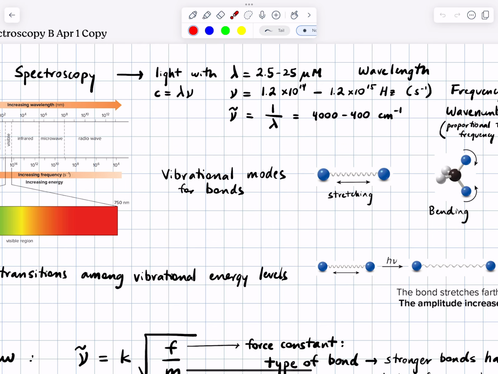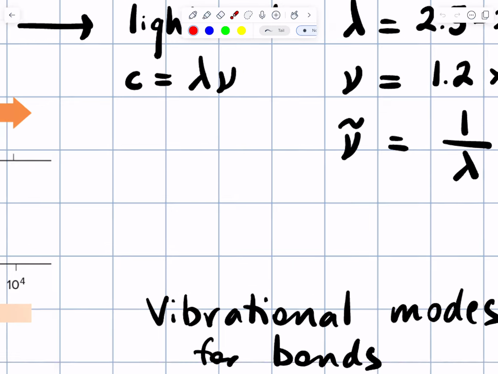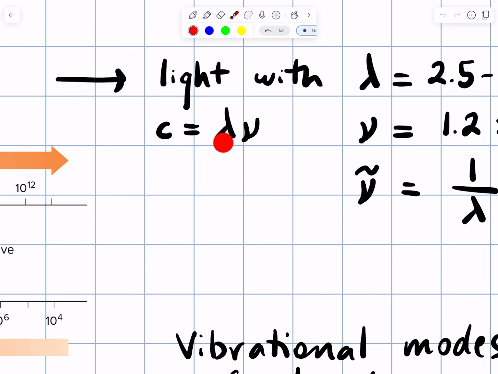You can describe the wavelength or frequency of light that gets absorbed in spectroscopy in multiple ways. Because the speed of light is equal to its wavelength times its frequency, if you know one, you automatically know the other. So in some forms of spectroscopy, they use frequency to describe the kind of light that excites a transition.